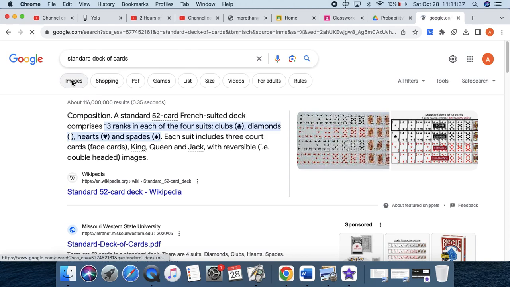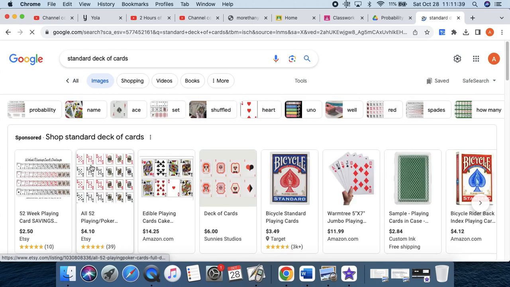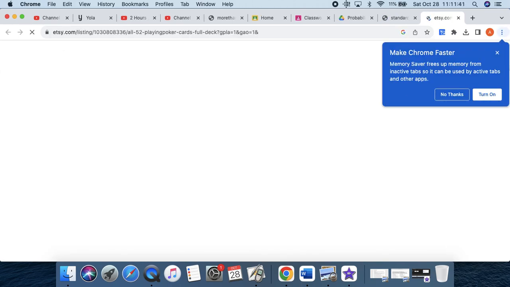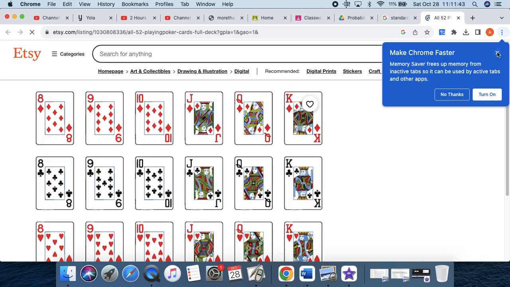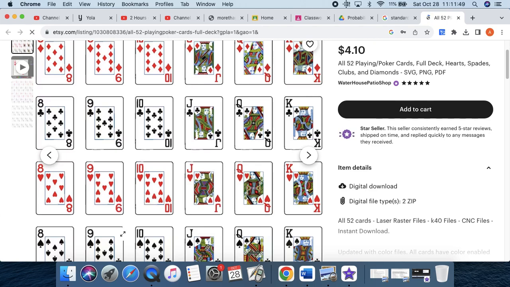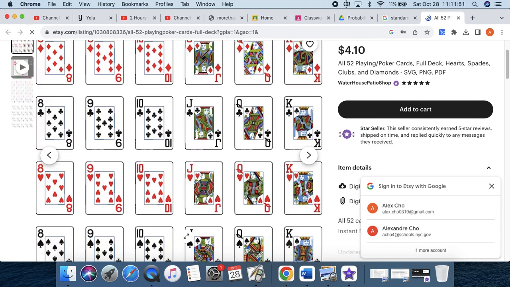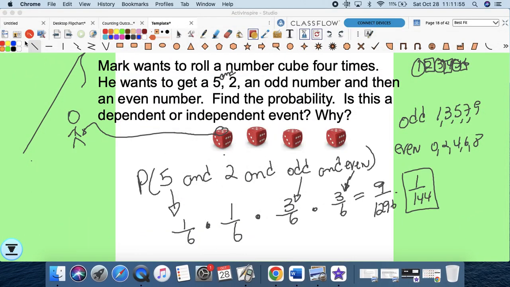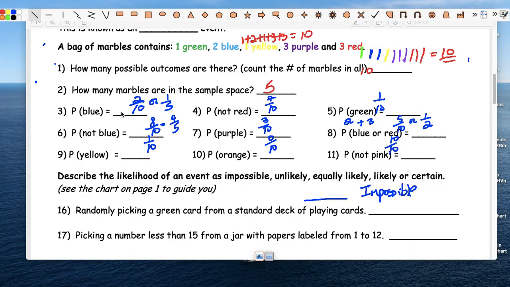So go to images on a standard deck. You have red, diamonds are red, clubs are black, hearts are red, and spades are black. So we have red and black cards. Okay, so when we go to answer this question over here, what's the chance of you getting a green card? Well, there is no green, so it's impossible.